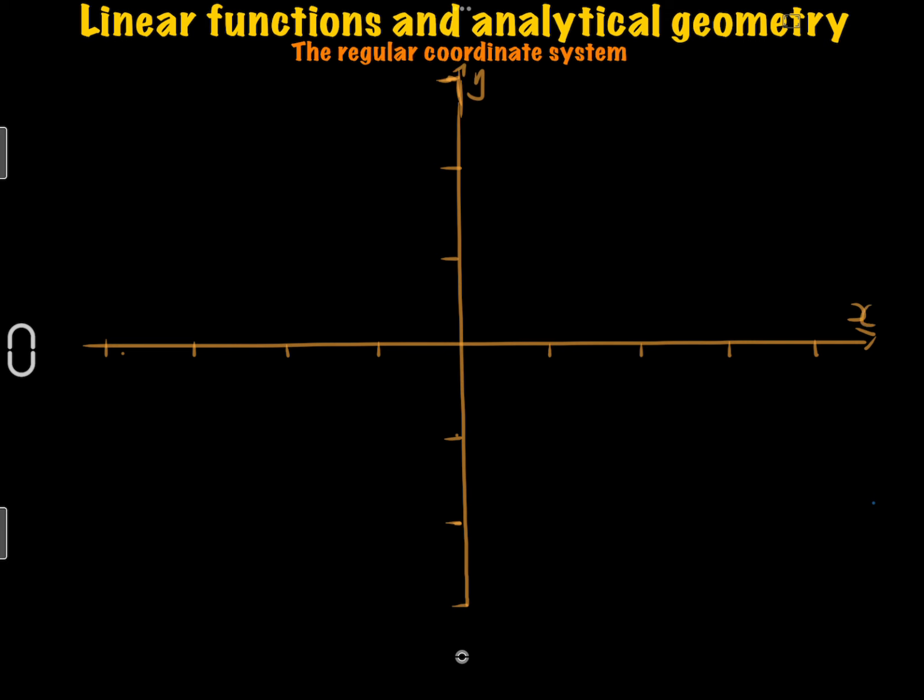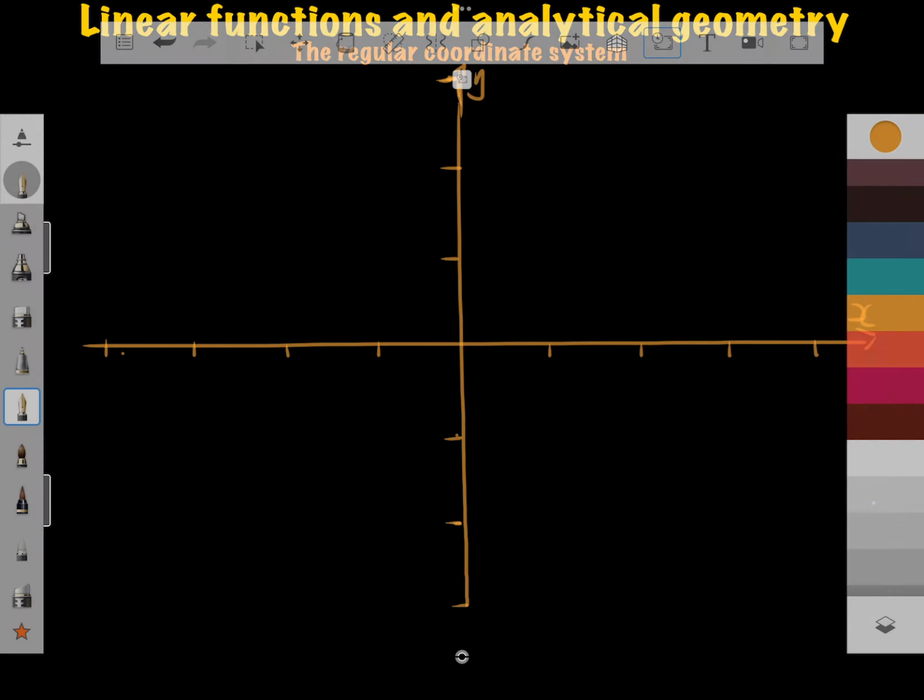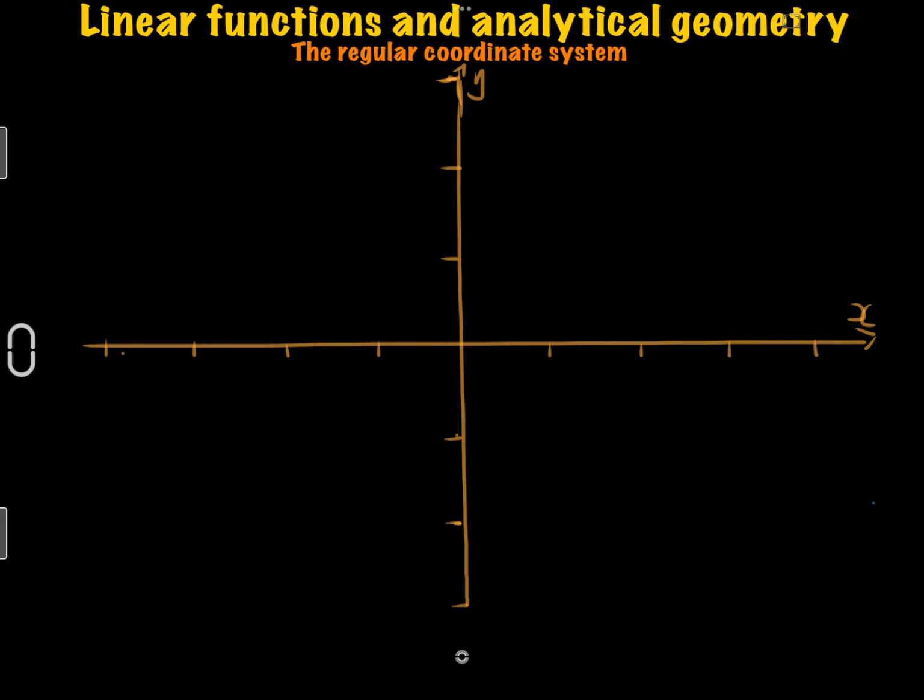Okay, now when we look at these two axes, we know that this is positive. These are positive values ranging from the origin going to the right, and these are negative values ranging from the origin going to the left.